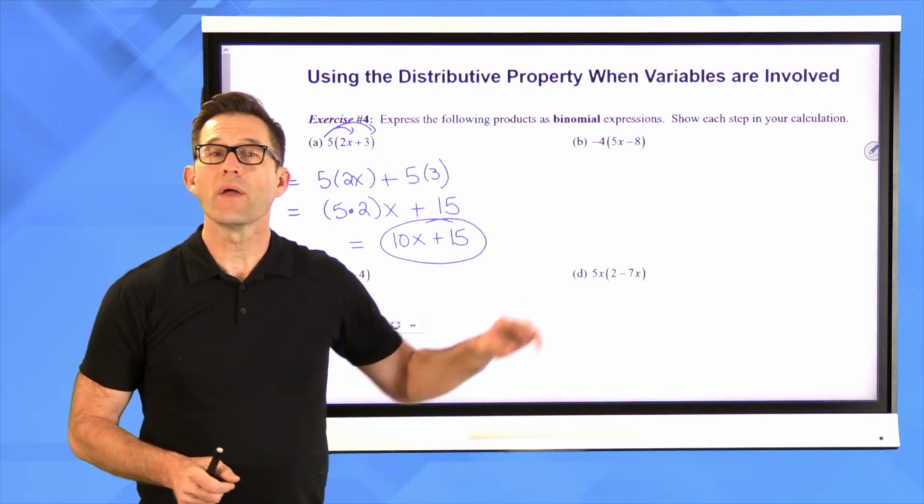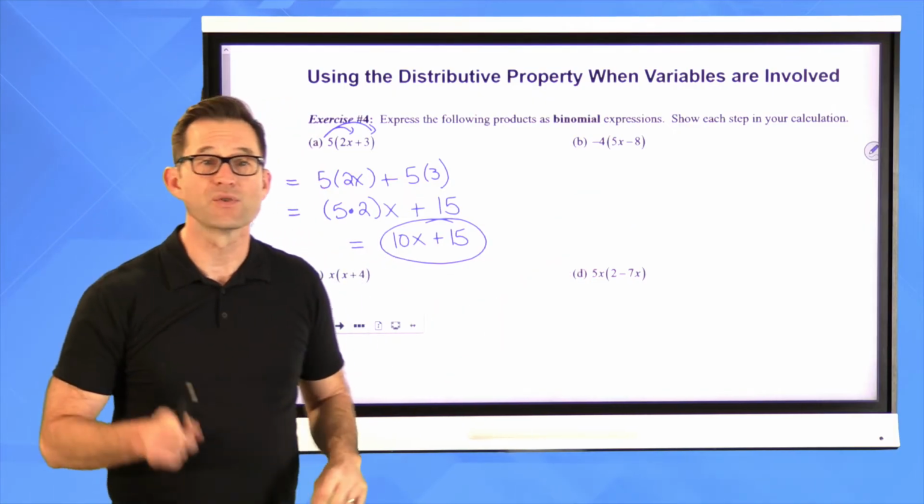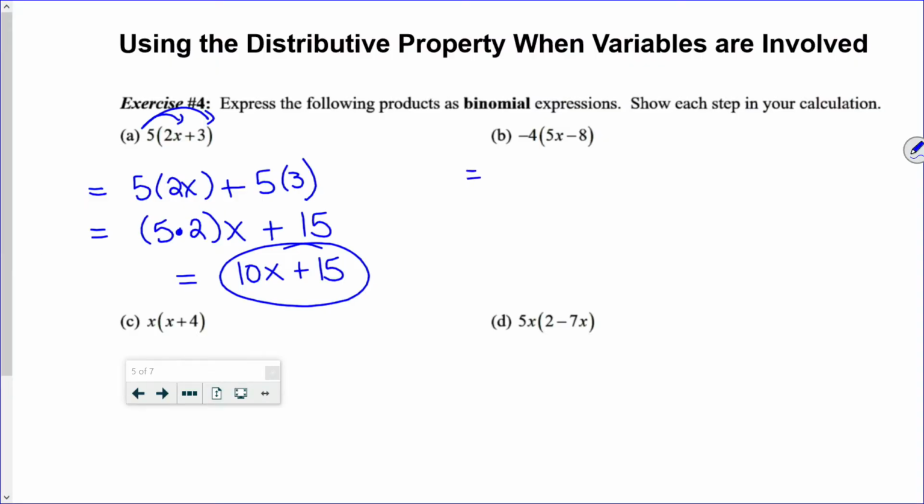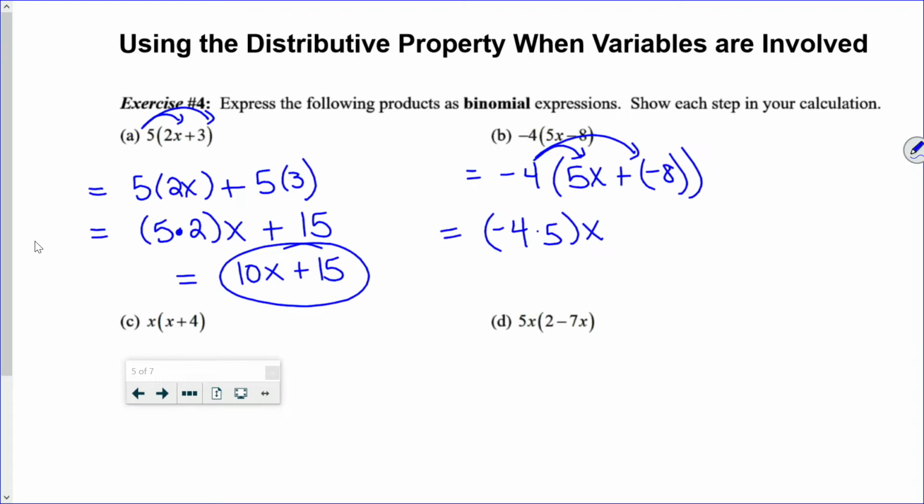All right, there's a bunch of different ways to think about this one. It may be helpful to originally write this as negative 4 times 5x plus negative 8. You don't have to do that, but some students find it a little bit easier. When I distribute it through, I'll get negative 4 times 5, and I'm going to do that associative property right away, times x, plus negative 4 times negative 8.